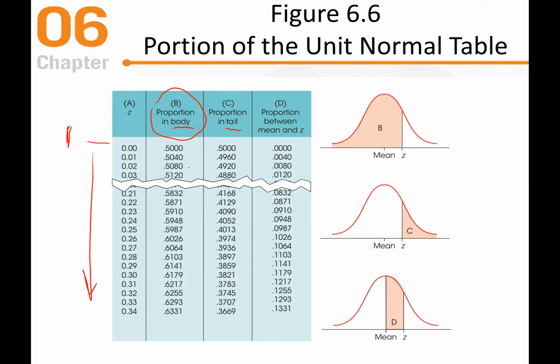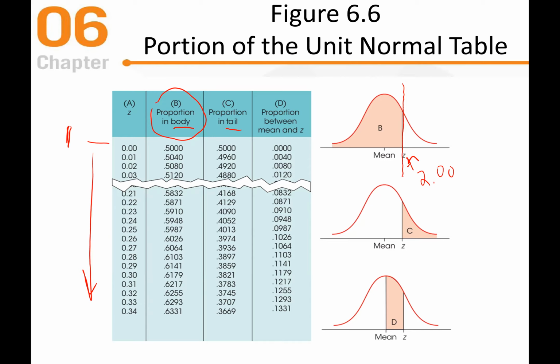All right, so let's take a look at this. Let's say we had a z-score of 2. This z-score has bisected, they cut through the normal distribution.